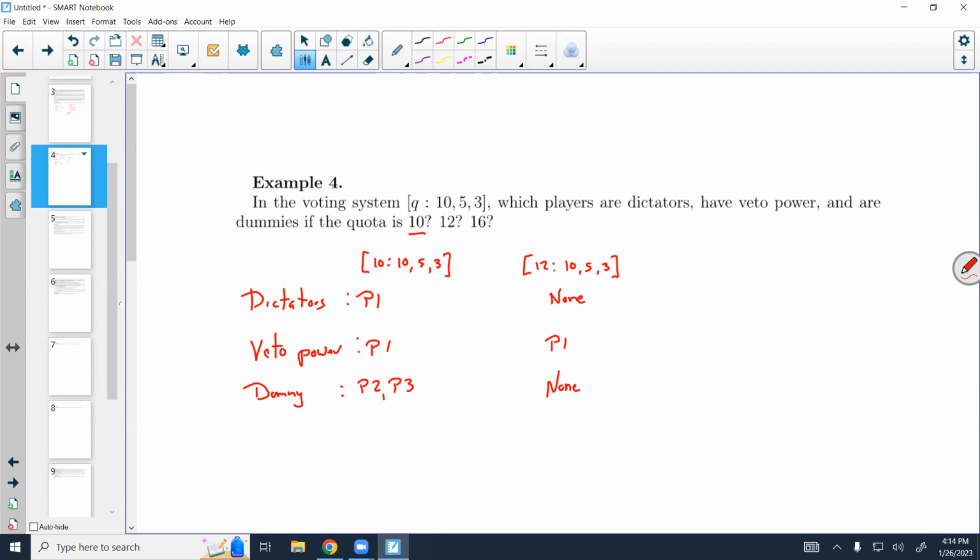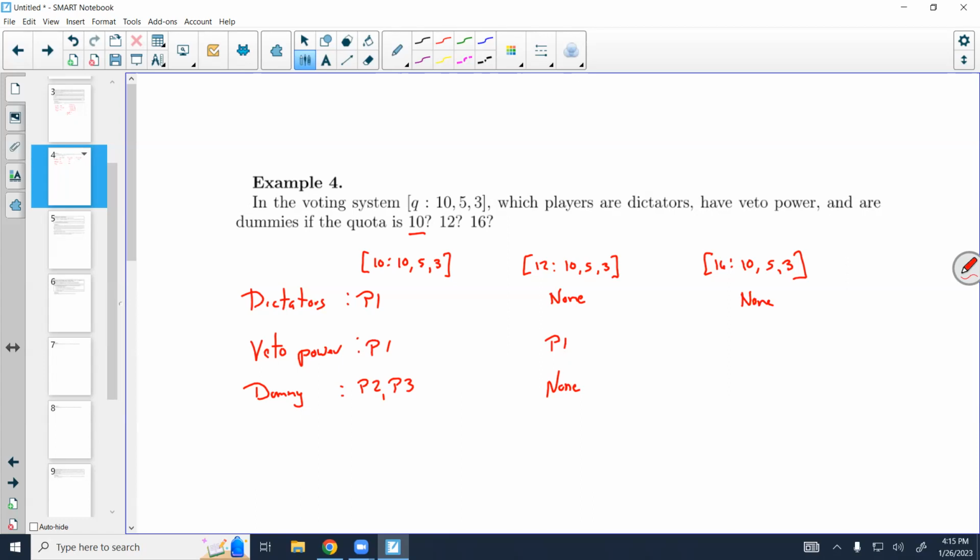And then last, let's go with the quota of 16. 10, 5, 3. So any dictators? Okay. What about veto power?